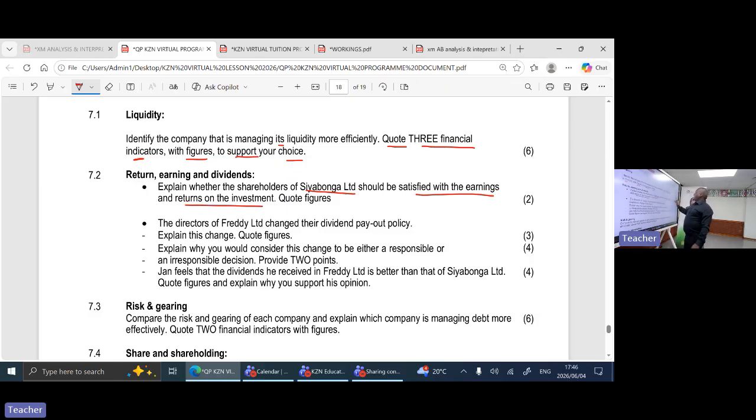Earnings will be your EPS, earnings per share, and then your return on investment, which was ROCE, that must be compared with interest on fixed deposit. So you comment on return on investment as well as earnings.